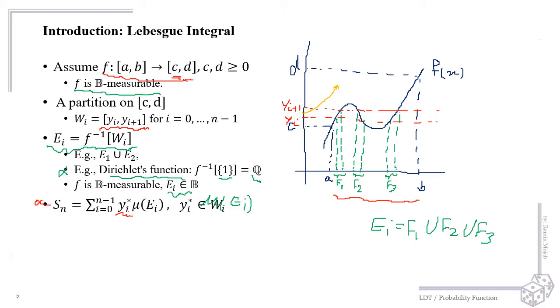Here we can define 3 rectangles, and when n approaches infinity, we will have the area of this region. And we'll use this notation, f of x d mu. Here d mu is the preimage of a small wi, and this preimage is not just an interval, it's a union of some intervals. For example, in case of Dirichlet's function, it's the set of all rational numbers.